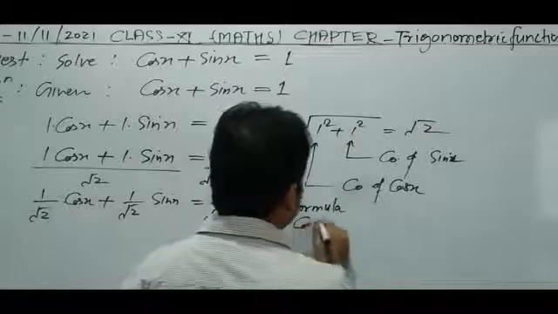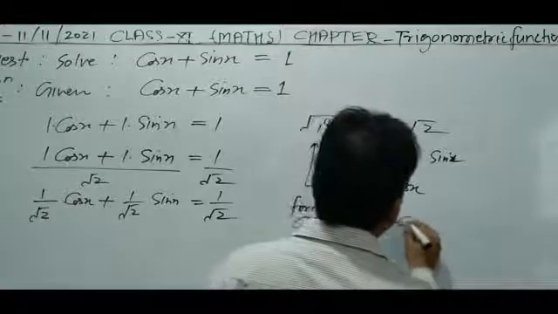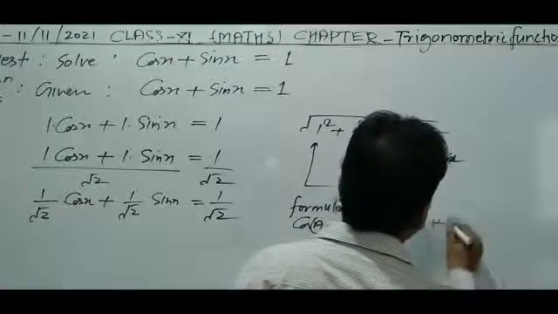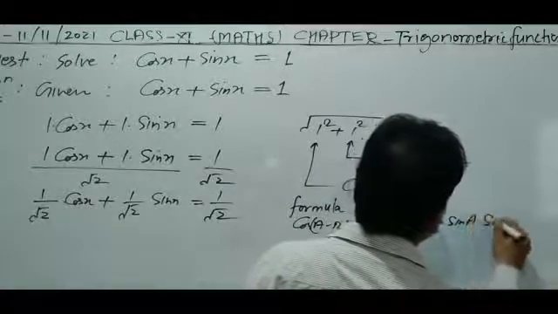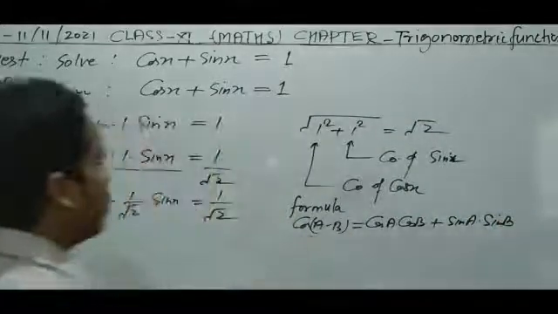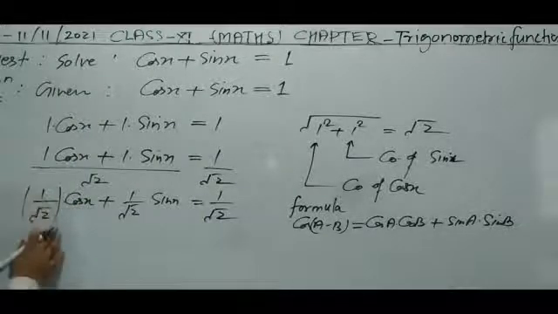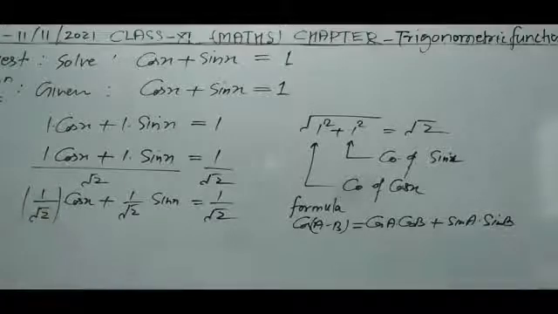The result is cos a cos b plus sin a sin b. When you use this formula, in place of 1 by root 2, this is cos pi by 4 and this is sin pi by 4. So cos pi by 4 cos x plus sin pi by 4 sin x is equal to 1 by root 2.